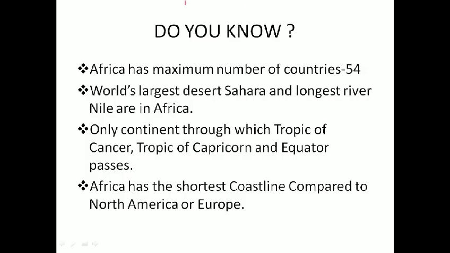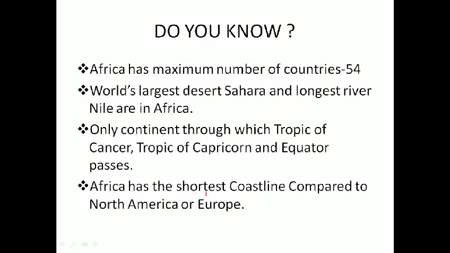Do you know, Africa has the maximum number of countries, that is 54. The world's largest desert, the Sahara, and the longest river, the Nile, are both in Africa. It is the only continent through which the Tropic of Cancer, Tropic of Capricorn, and Equator pass.